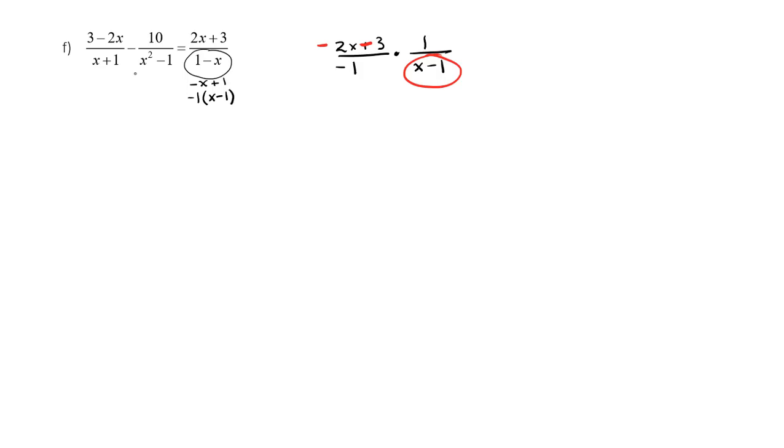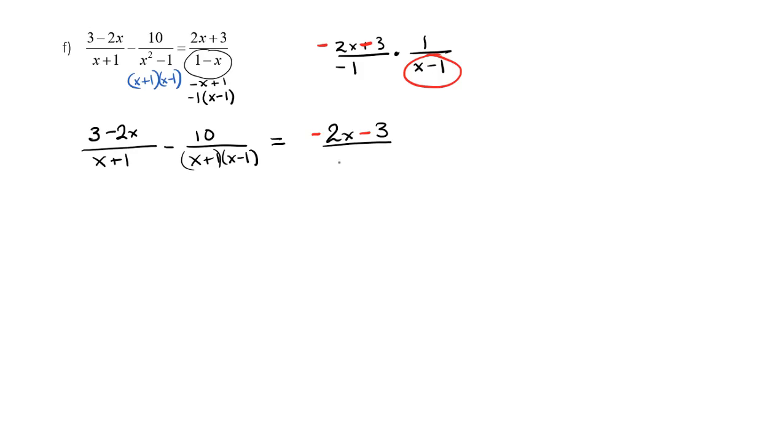I'm also going to factor this x squared minus 1 into an x plus 1 and an x minus 1. So let's rewrite the whole thing. (3 − 2x)/(x + 1) − 10/((x + 1)(x − 1)) equals (−2x − 3)/(x − 1).